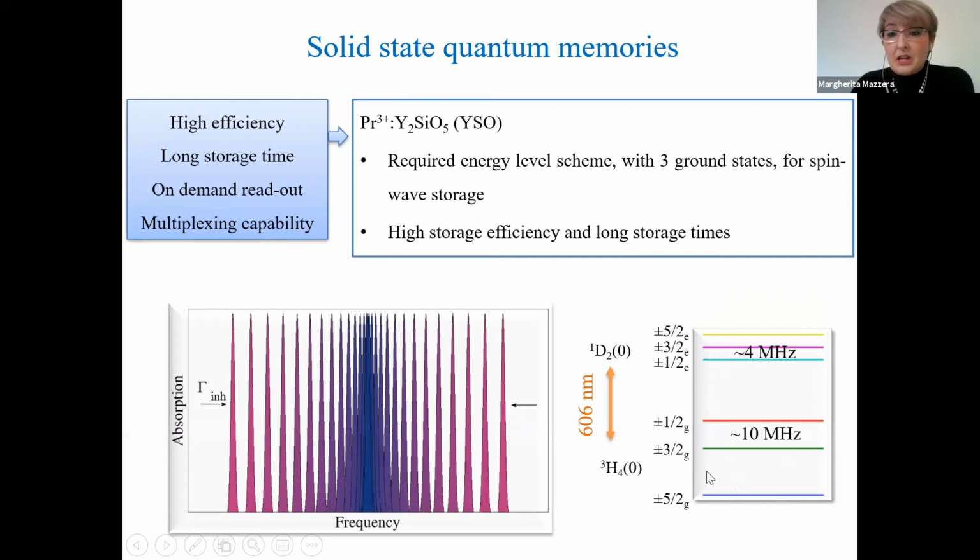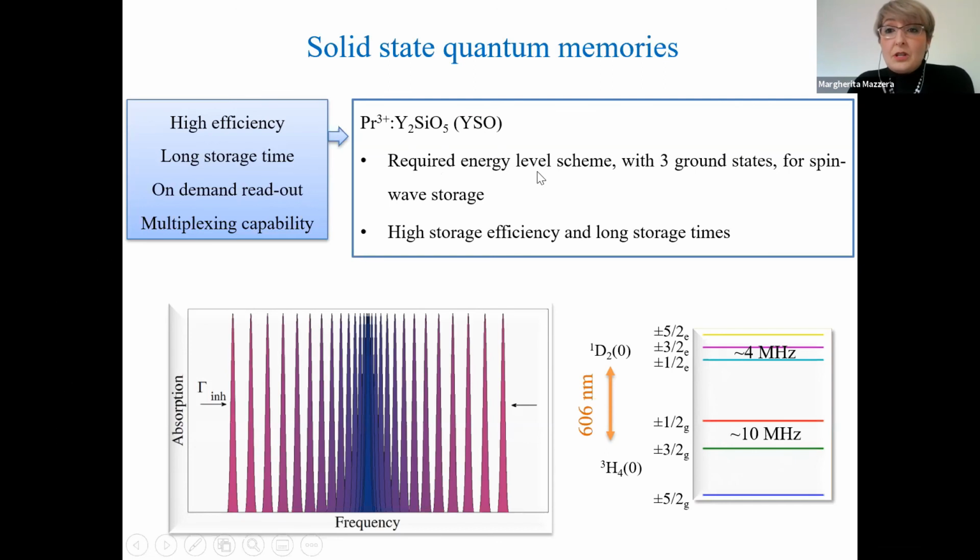You have these three ground states here, which have very long coherence time. In this platform, specifically with these ions, this can reach a couple of minutes. And this is the ultimate limit for the storage of quantum information, of single photons. However, with a very similar platform, but just changing the optically active ion here, you can actually achieve coherence time of hours.